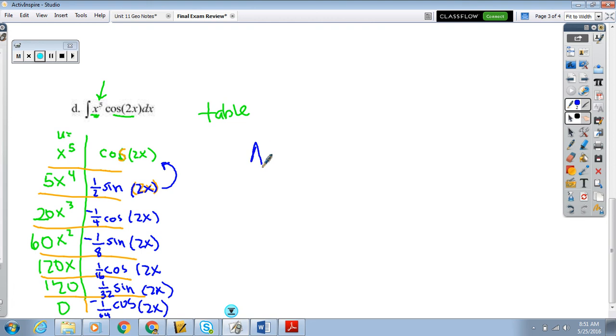And before I can write out my final answer, remember that as far as the signs are concerned, we are starting with u and v. So positive, then negative, positive, then negative, positive, then negative, positive. And I'm going to be multiplying across diagonally.